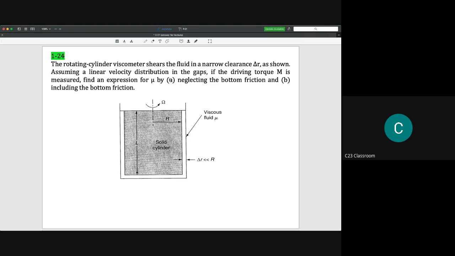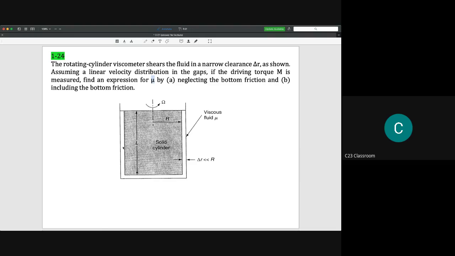So for part A, they ask you to calculate the value of mu by neglecting the bottom friction. When the question asks you to neglect the bottom friction, it means you are calculating only by the idea of the rotating cylinder.